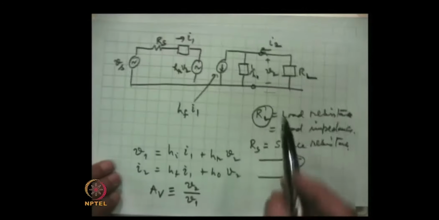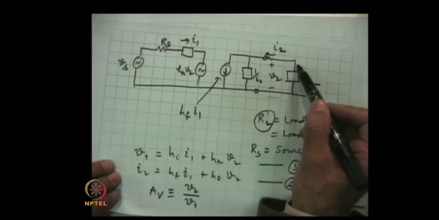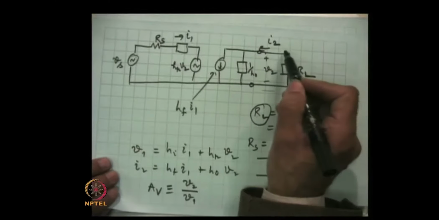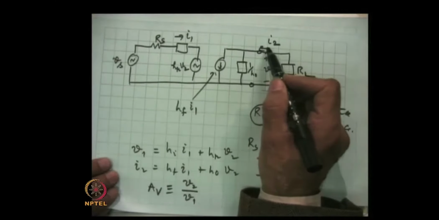Look here at the direction. We have taken V plus and V minus, while the current is flowing in this direction. Normally, you will recall the current flows from higher potential towards the lower potential side. So, this is the particular choice of the directions which we have taken, and that is why this negative sign comes.